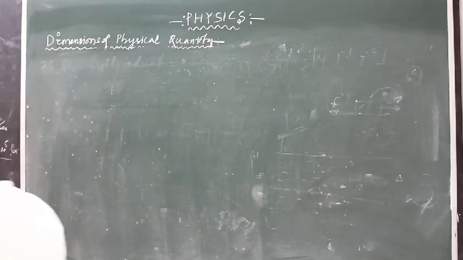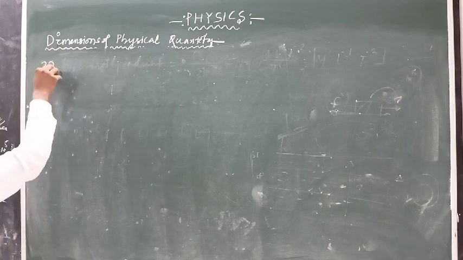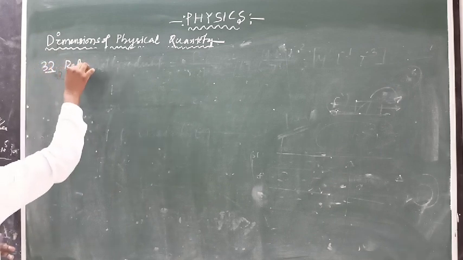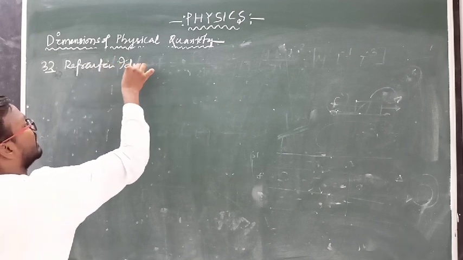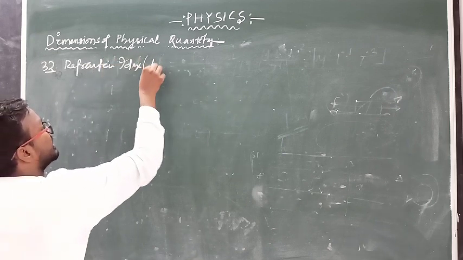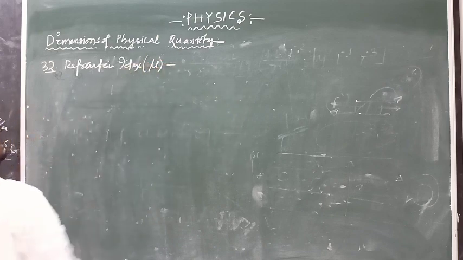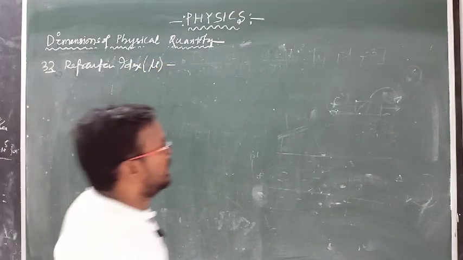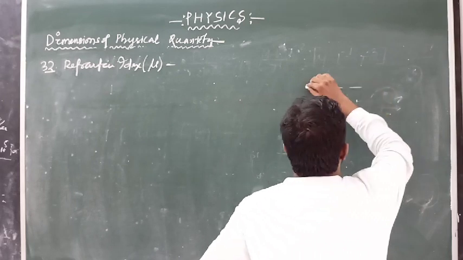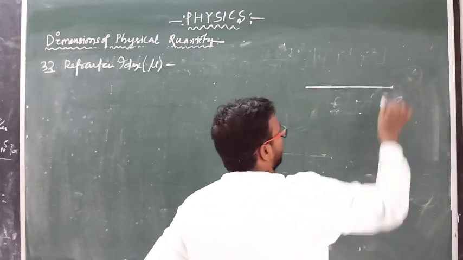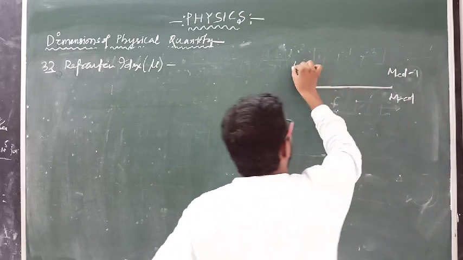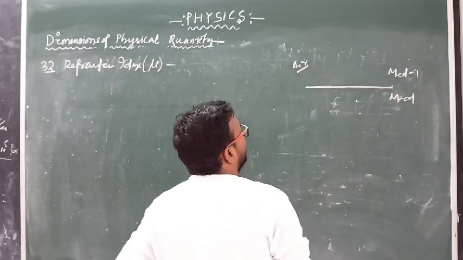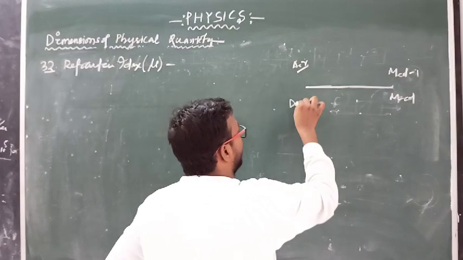So now next, number 32, refractive index. You already know it is represented by mu. Refractive index mu means, suppose there is a boundary separating two media, medium 1 and medium 2, here the air medium and this is the denser medium.